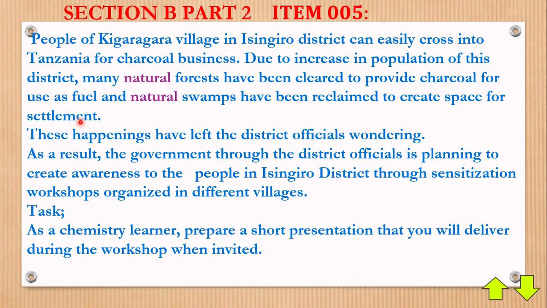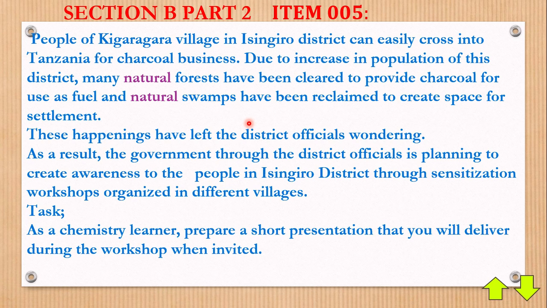Oh, that's really bad. These happenings have left the district officials wondering. As a result, the government, through the district officials, is planning to create awareness among the people in Isingiro district through sensitization workshops organized in different villages.